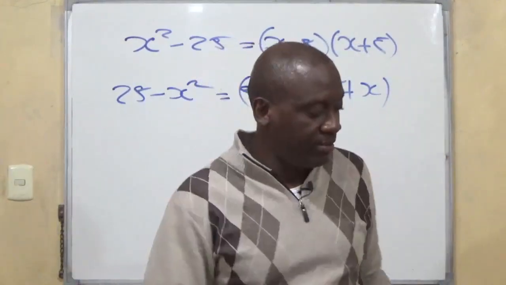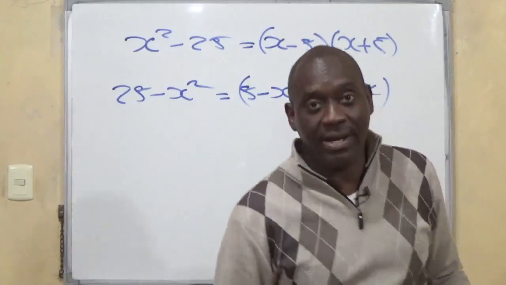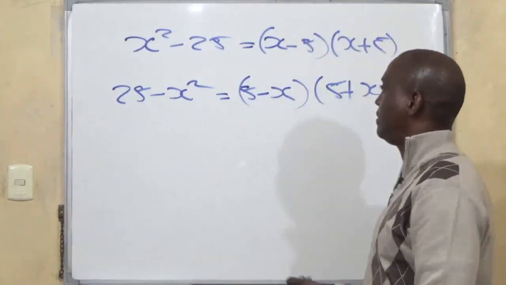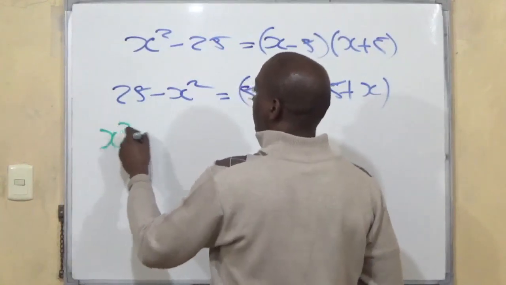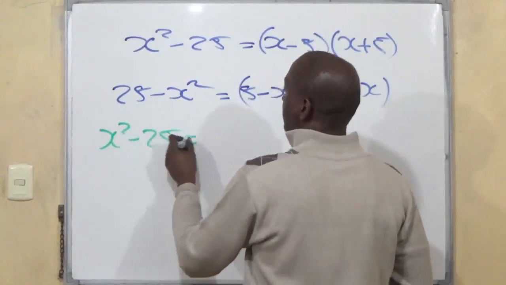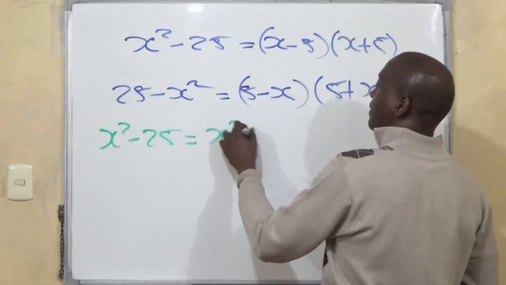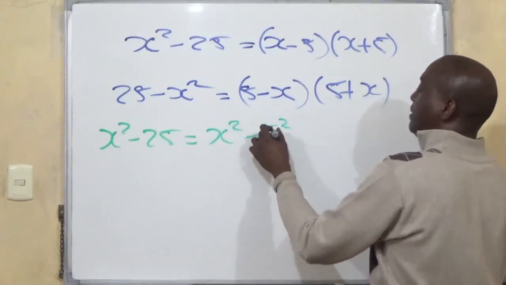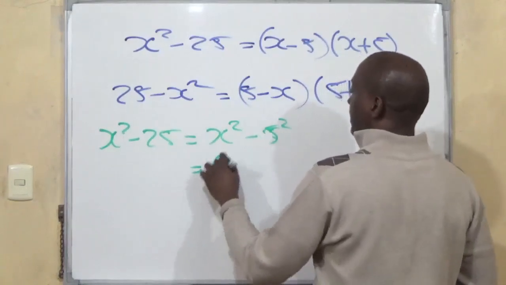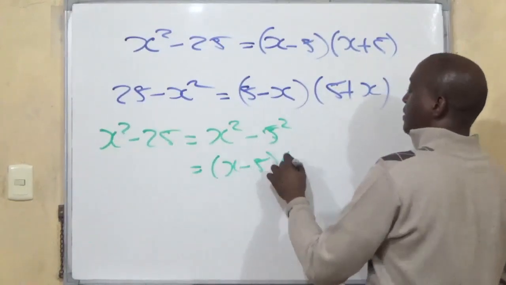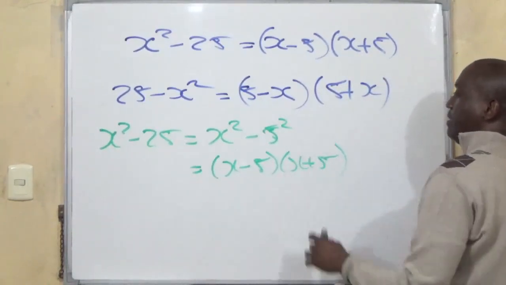That's it. Now, sometimes in terms of writing it, what some students do is this. So for this, they would say x squared minus 25 is equal to x squared minus 5 squared, right? And then you say one more line, (x minus 5)(x plus 5), not a problem.